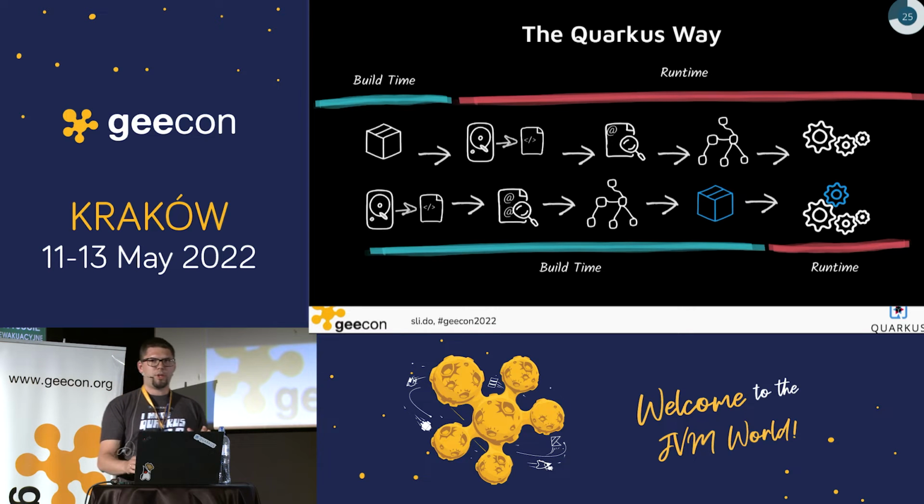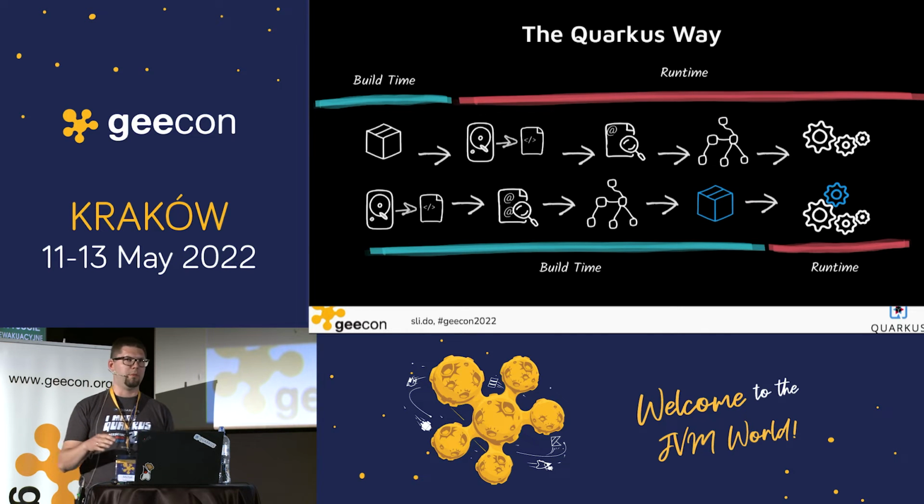While with Quarkus, we try to do as much as possible at build time. So we read configuration. There are some configurations that are runtime, but some are build time only. So these we read at build time. We analyze the classes that we have. We prepare bean injection, etc. at build time. And then we package all this information together with user classes.